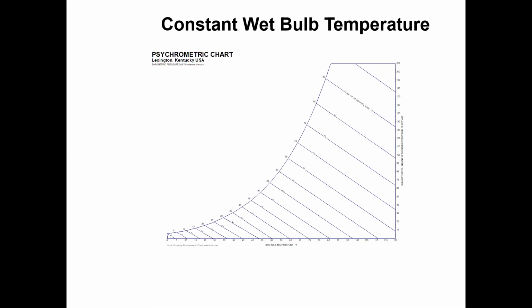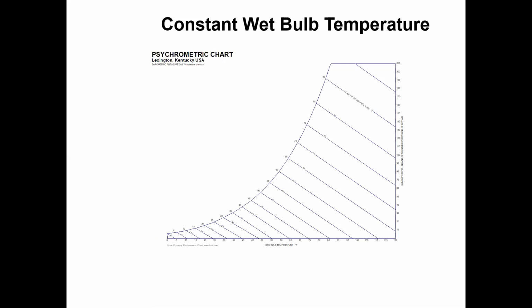Then there is the constant wet bulb temperature. You can see these lines are a little bit different. Don't be confused; you have to get very familiar with this psychrometric chart and these lines. The bottom axis is the dry bulb temperature, and on the y-axis is the humidity ratio.